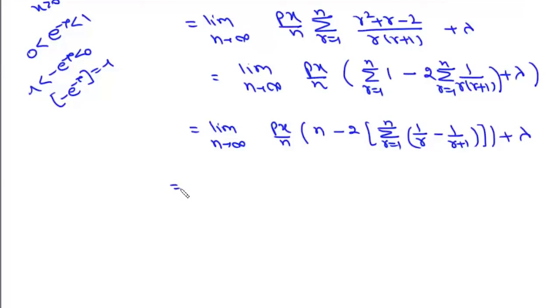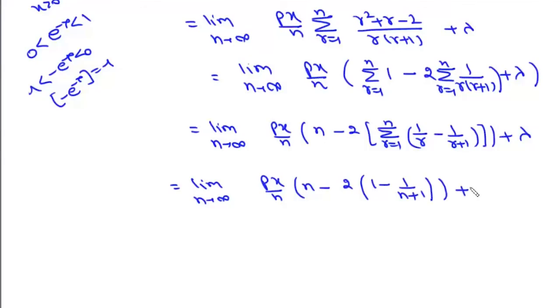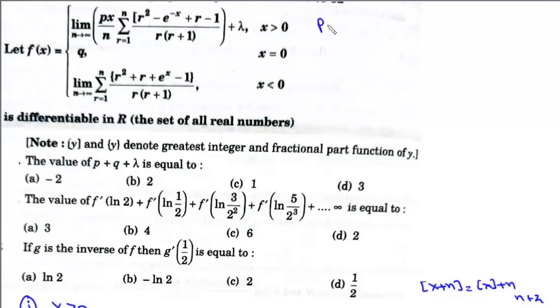So we'll write this as limit n tends to infinity, p(x) by n into n minus 2, and here it will be 1 minus 1 upon n plus 1 plus lambda, that we multiply it, then we'll get this as p(x) plus lambda. So this function f(x) is p(x) plus lambda when x is greater than 0. At x equal to 0, it is q.